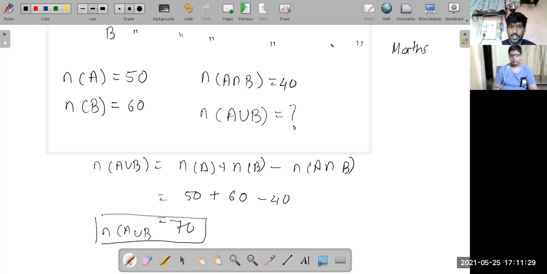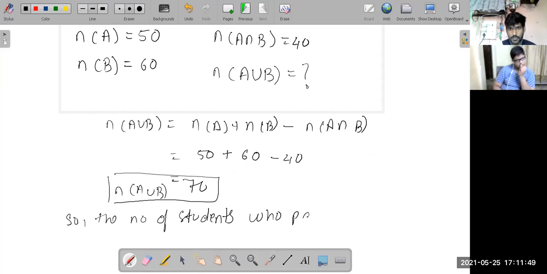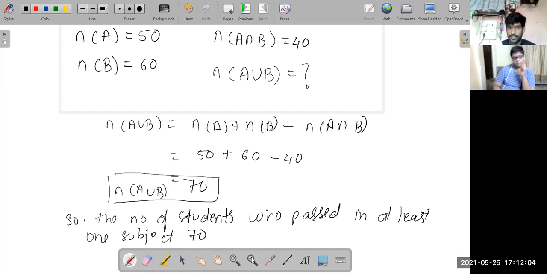That means the number of students who passed in at least one subject is 70. Is this sum clear?